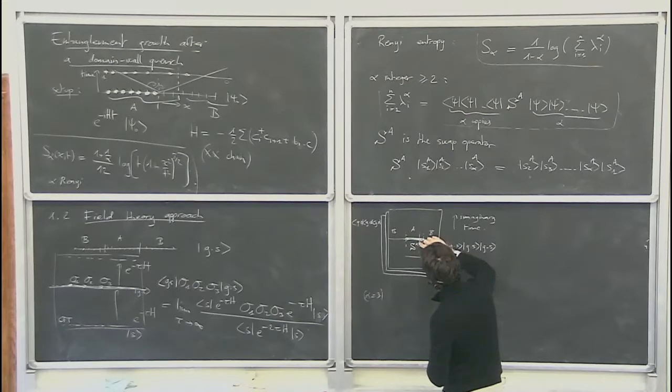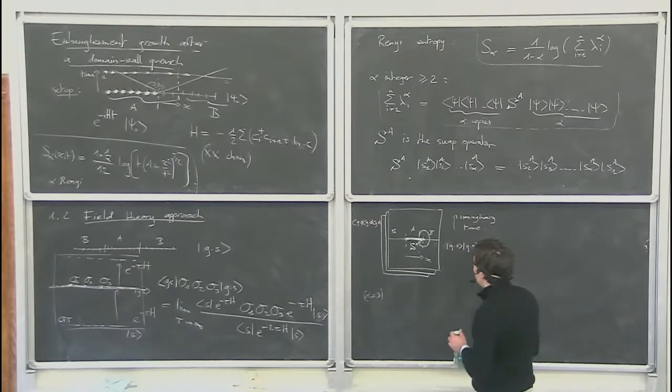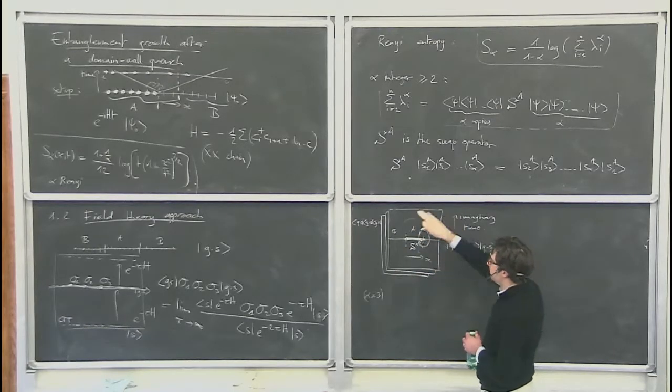So as you turn around this point here, you actually go from the first plane to the second one, and then from the second to the third, and then from the third to the first plane again. If you turn around here, you always stay on the same level, on the same plane.